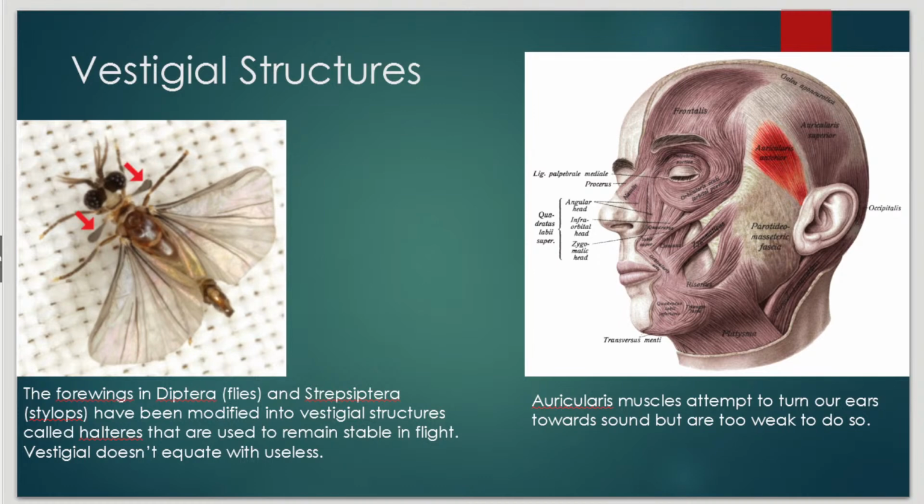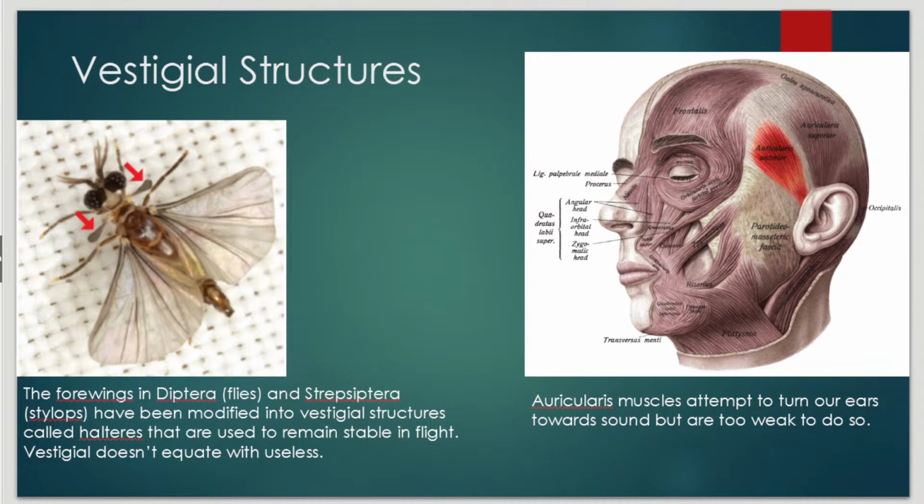Yes. You can have researchers who will say, I mean, even if you want to define vestigial as useless, you can still find examples of useless structures in nature, and we'll talk about one in a second. So the forewings, which are not useless, in flies and Strepsiptera, they are used.